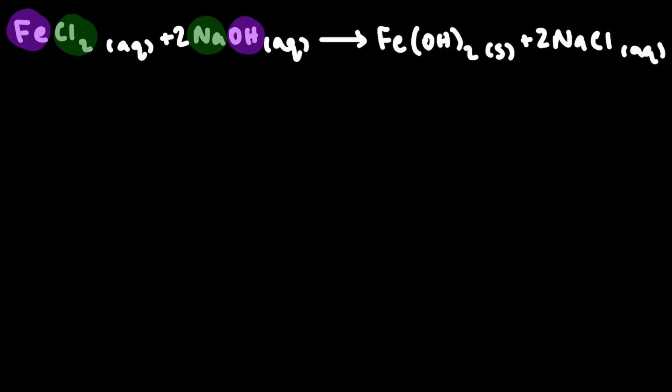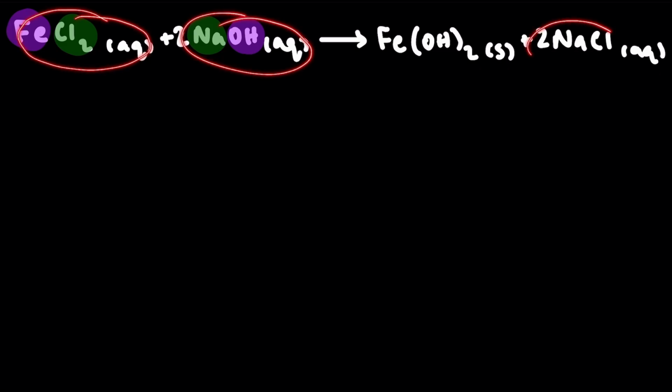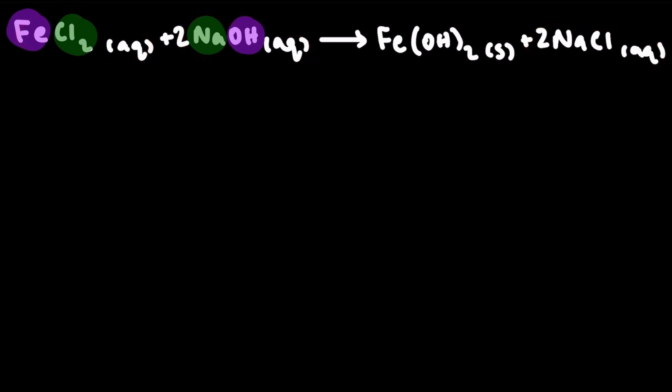Next, we're going to split up all the molecules into the cations and anions, but only the aqueous molecules. So the molecules which are all aqueous, we're going to split them up into their cation and anion forms. And if we were to do that for the first molecule, iron chloride, we know that it's made up of iron 2+, as well as chlorine ions.